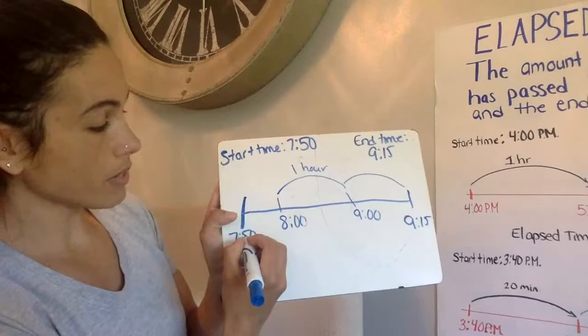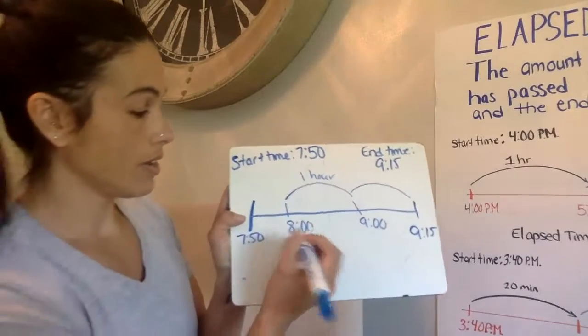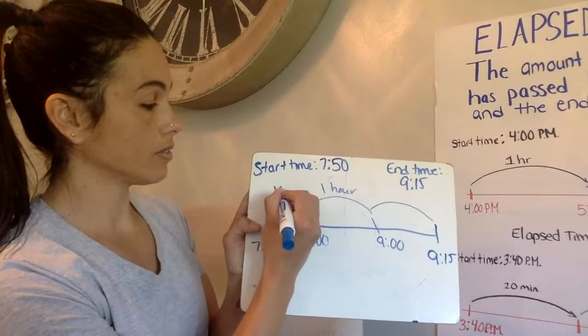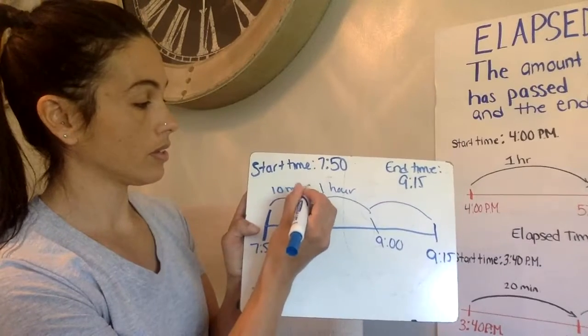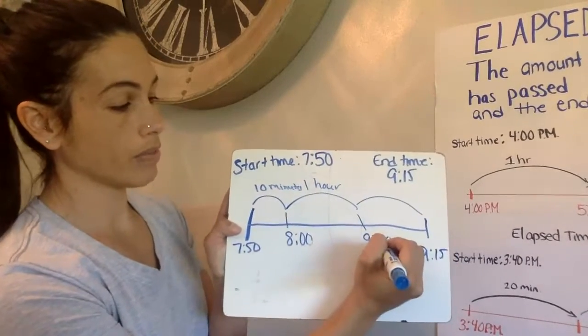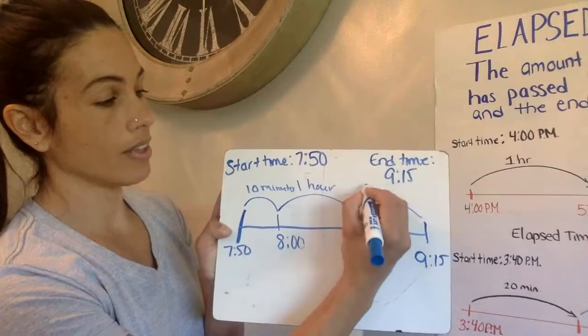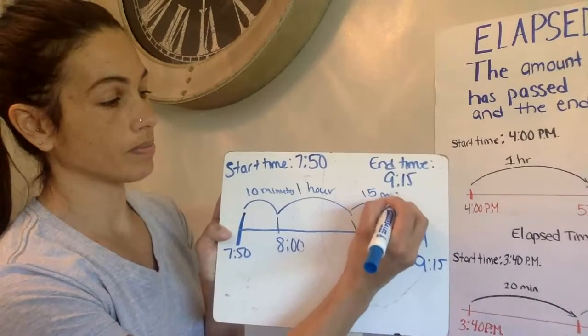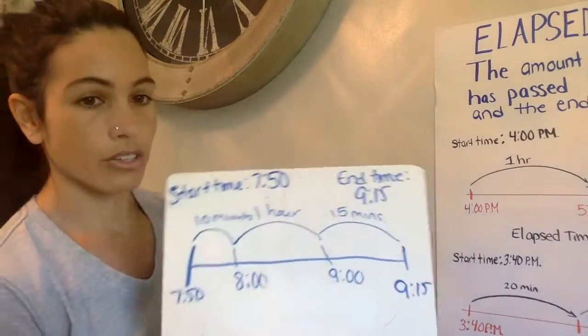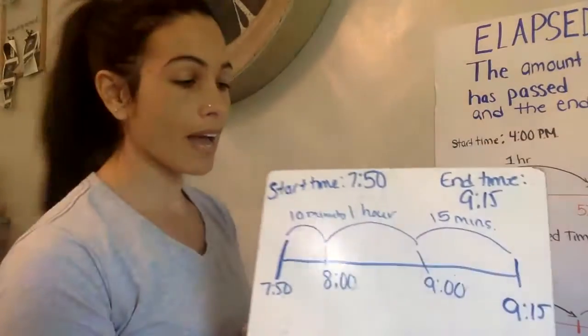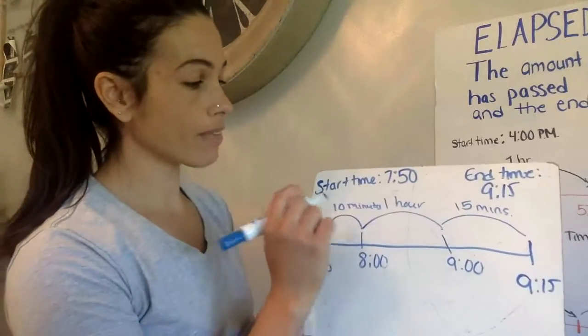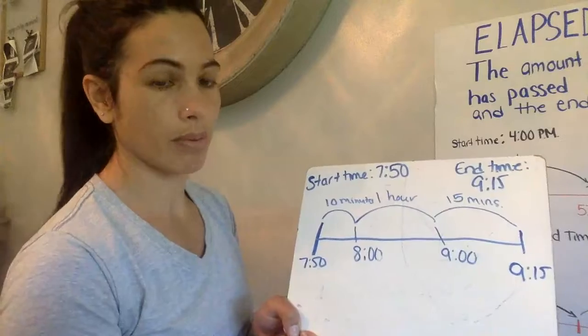So let's see, what's the difference between 7:50 and 8? It's 10 minutes. And then what's the difference between 9 and 9:15? That's 15 minutes. Okay, so now we're not done, we need to add all this together. So we have 10 minutes plus 1 hour plus 15 minutes.